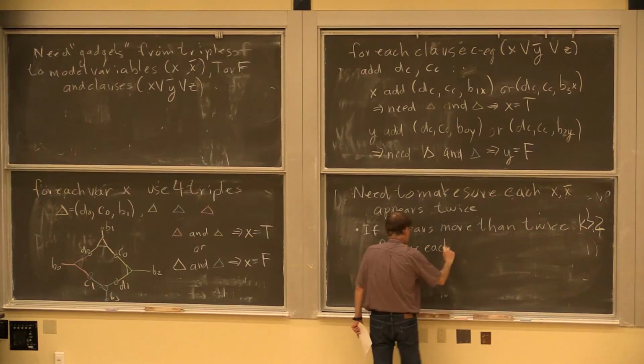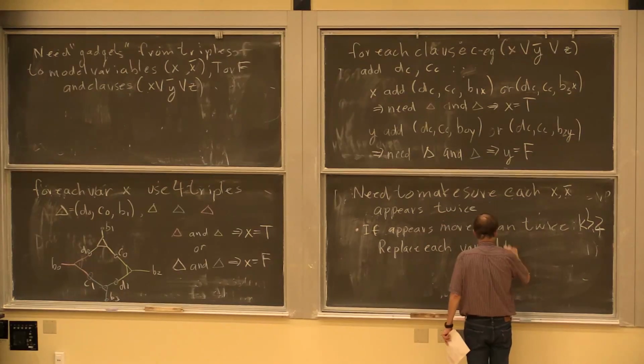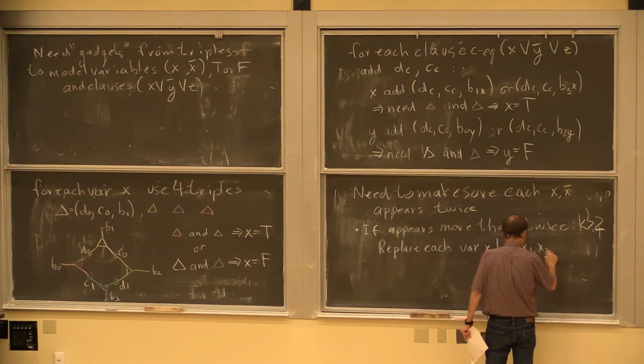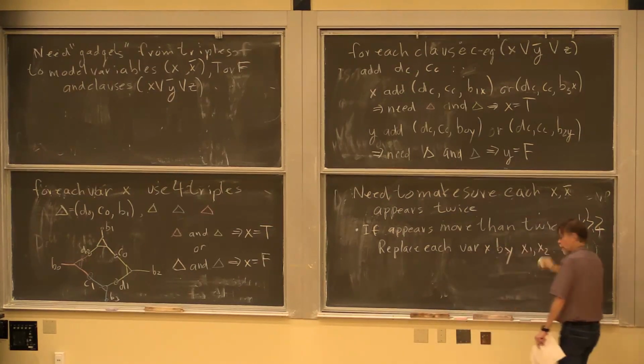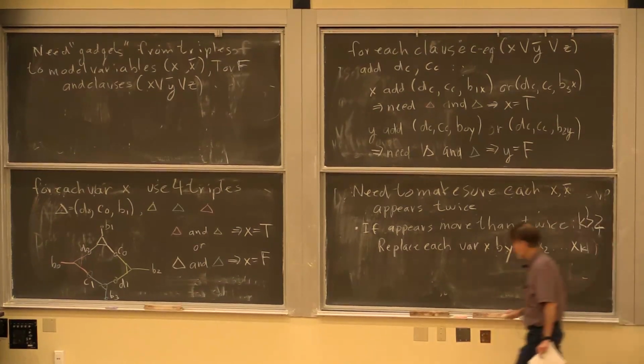So what I'm going to do is replace each occurrence of variable x by one of these new variables, x1, x2, dot, dot, dot, xk. So they're all different. But I have to make sure that when I'm done, all of these have the same value, because that's what I started with.